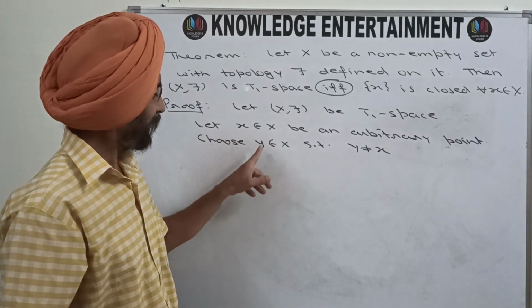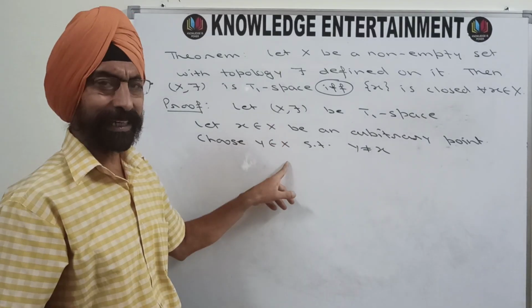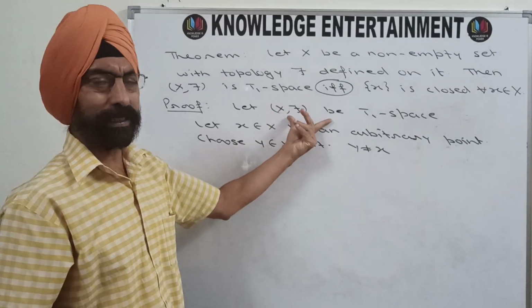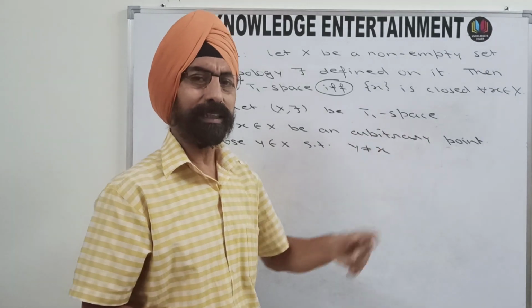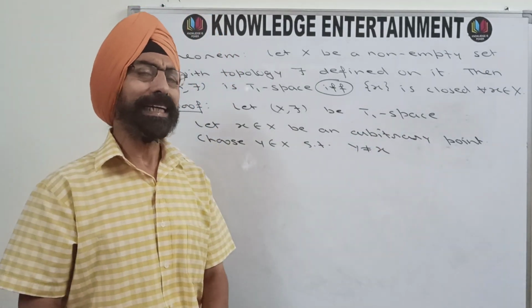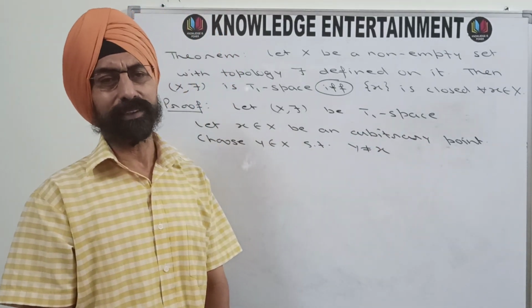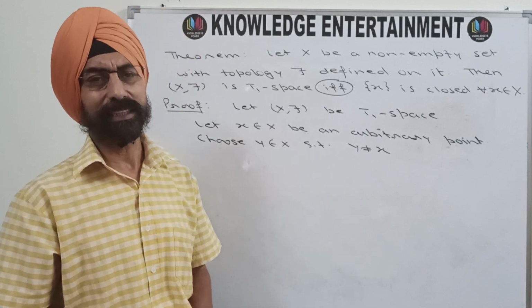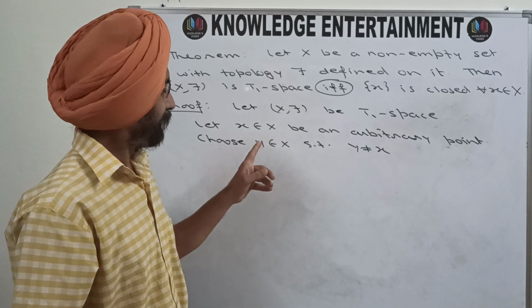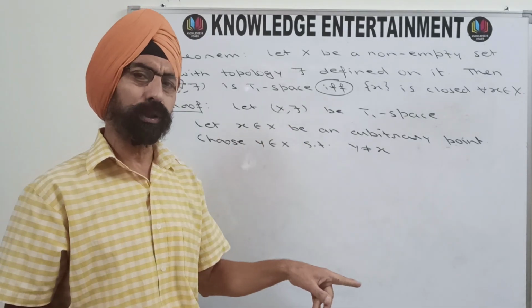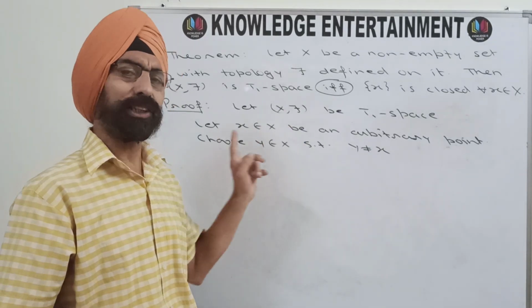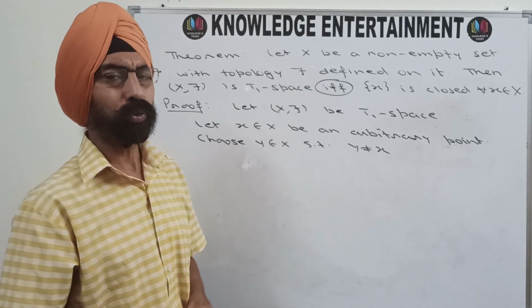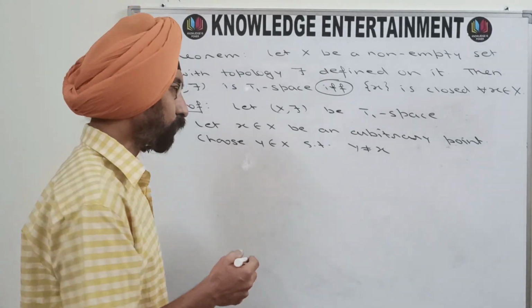Both x and y are elements of the set X, and the topological space (X, tau) is T1. Therefore, by definition of T1 spaces, there exist open sets G and H such that x belongs to G, y does not belong to G, and x does not belong to H, y belongs to H. So that definition we are going to use here.